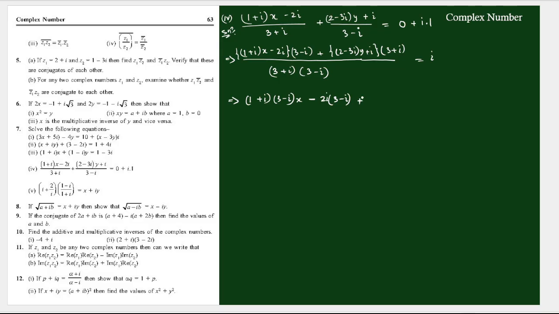Then we have plus 2 minus 3i, 3 plus i, into y, plus we have i into 3 squared minus i squared.